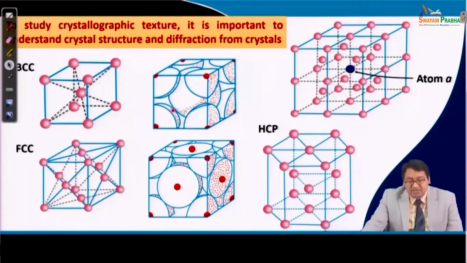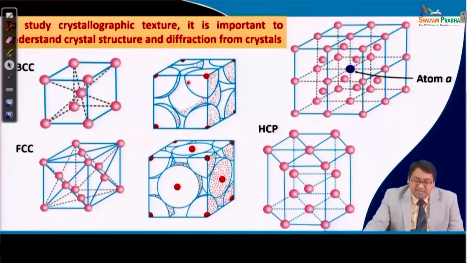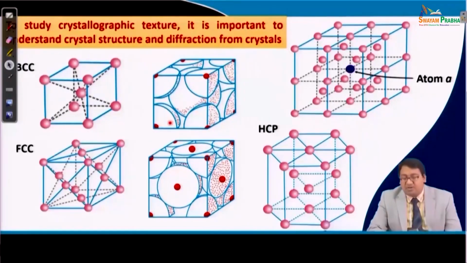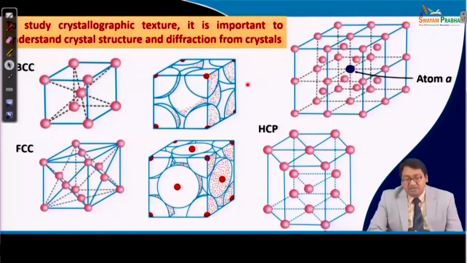In real life, the body centered cubic material's unit cell may look exactly like this, you see that it consists of 8 atoms at the corners of the body centered cubic unit cell, and each of these 8 atoms are shared between 8 different unit cells.